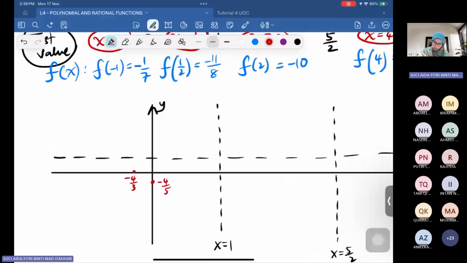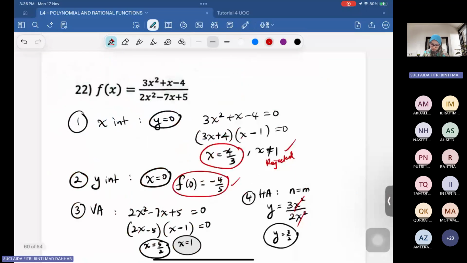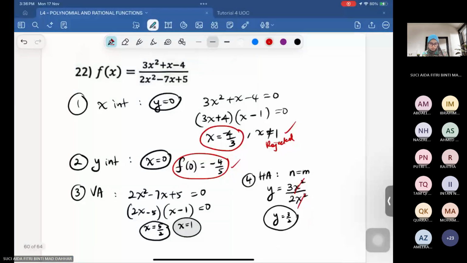So it looks like this. x equals to 1 and x equals to 5/2.